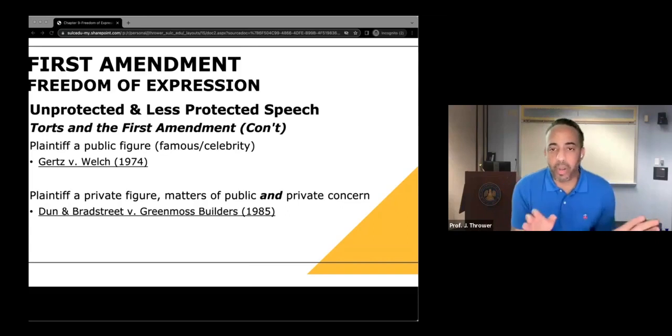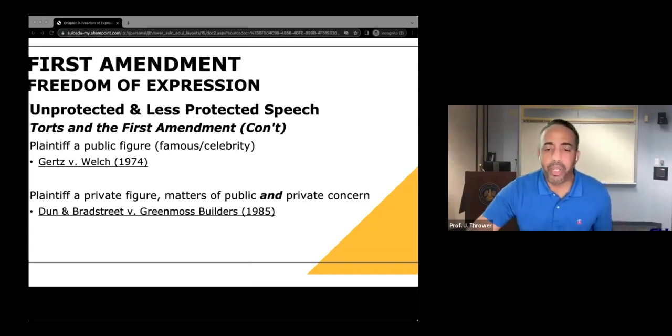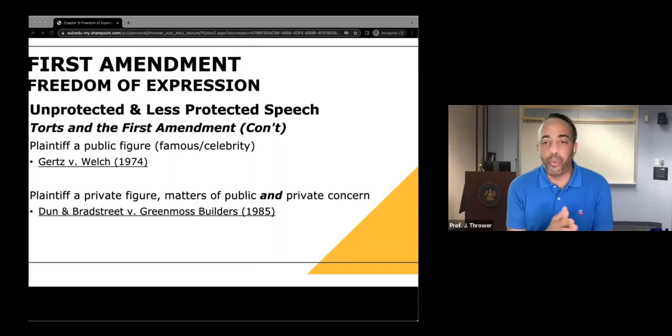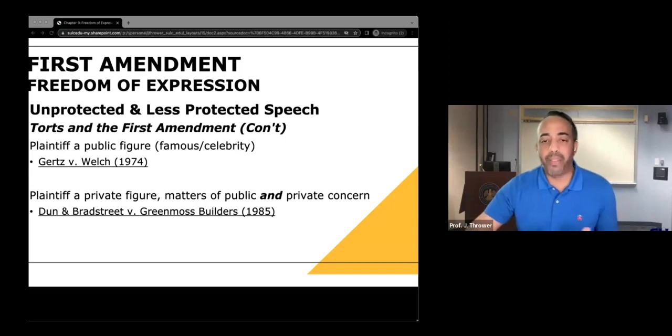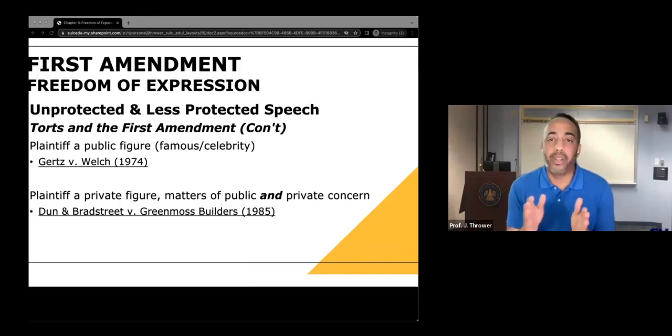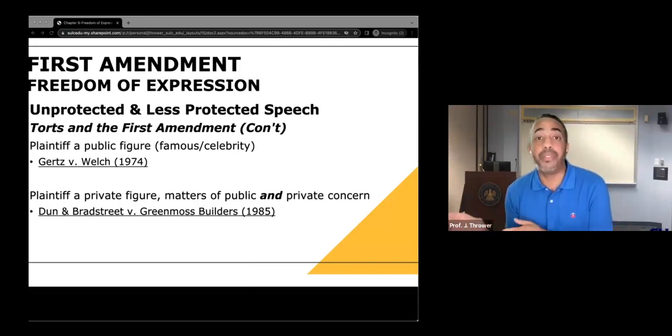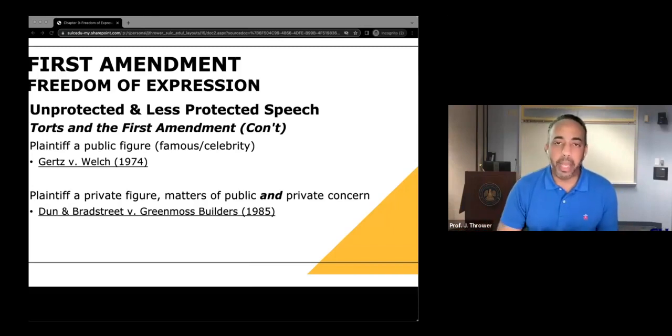Gertz had essentially drawn out and Dun and Bradstreet essentially underscored was the fact that the state can create liability rules, right? So long as it's not a strict liability and the recovery is for actual injury. Another way of saying this is that state law can create liability if there is negligence, right?